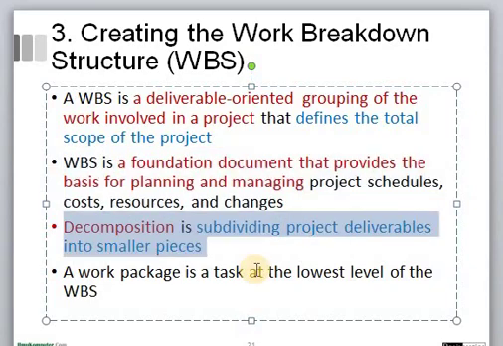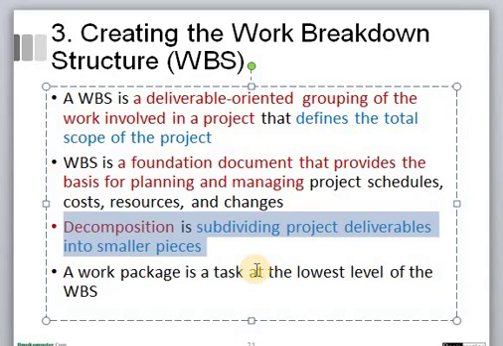As you all know, in WBS we will decompose the larger units of the project into smaller manageable units, and this is basically subdividing the project deliverables into smaller pieces.